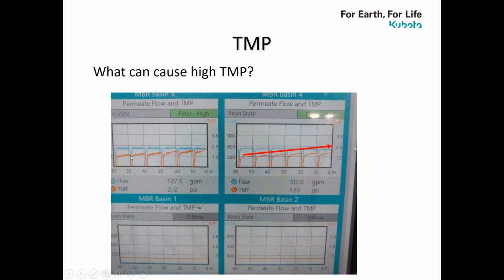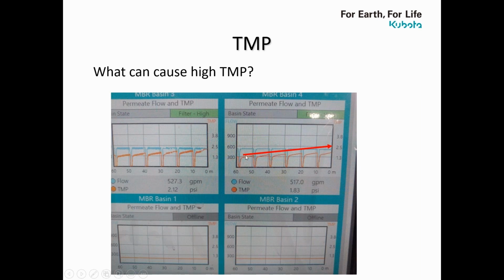But in this case, the TMP was increasing in both MBR tank number 3 and 4. You can see this is a 1 hour trend. Gradually, the TMP was increasing. I was called on Friday night and went down to this plant on Saturday to help, but the TMP was basically increasing with multiple storm events that happened at this plant.